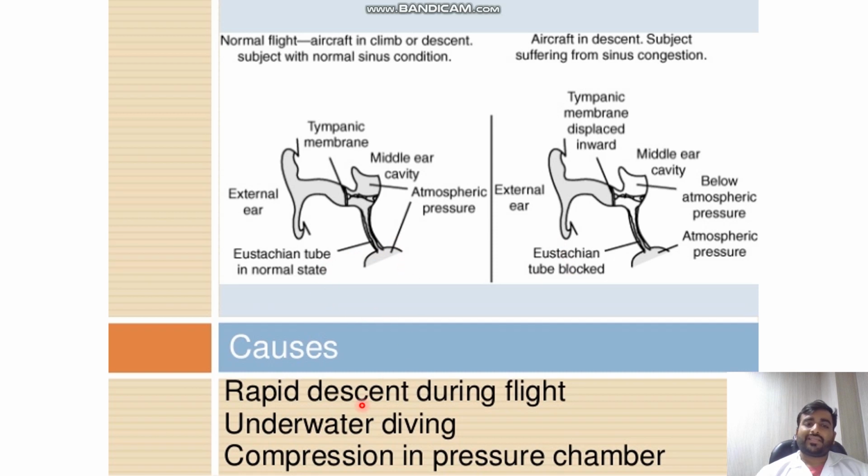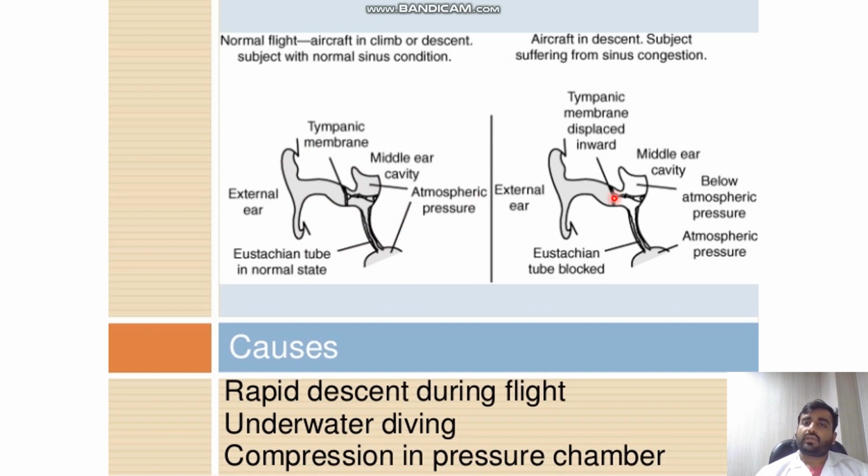Barotrauma is mainly caused by rapid descent during flight, underwater diving, and compression in a pressure chamber. In a normal flight, with aircraft climb or descent, a subject with a normal sinus condition has equal positive and negative pressure on both sides of the tympanic membrane, middle ear cavity, nasopharynx and Eustachian tube; this is the normal state.